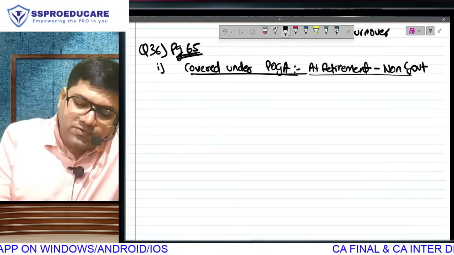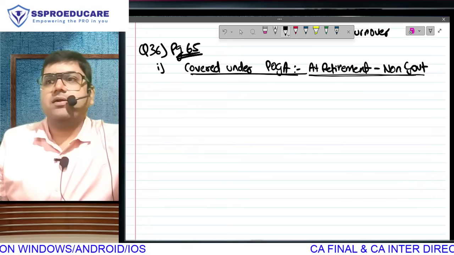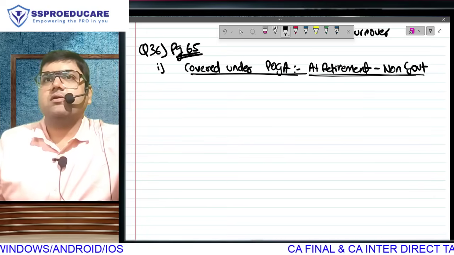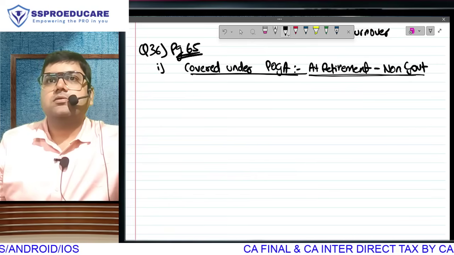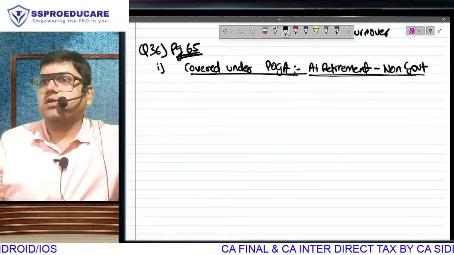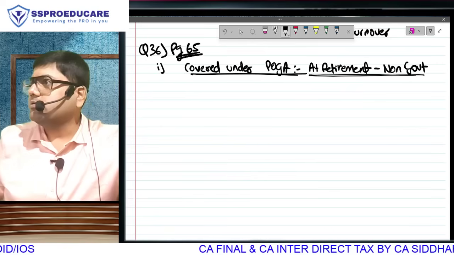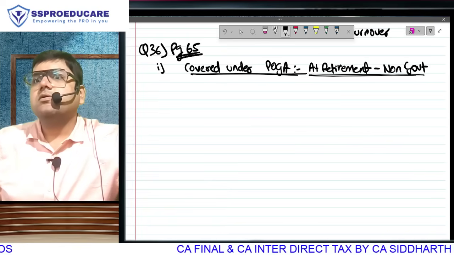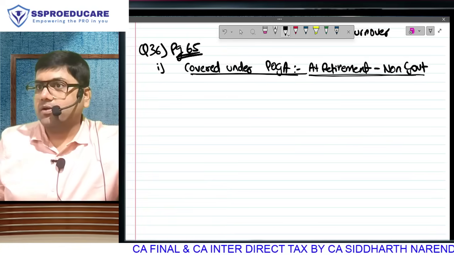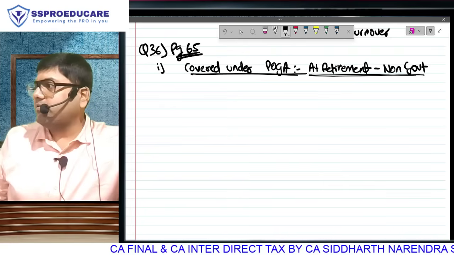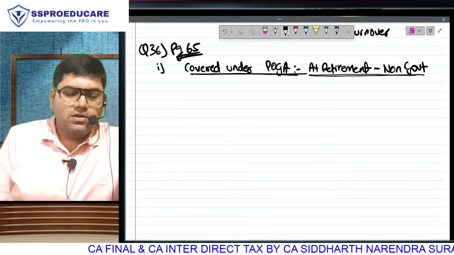This is a case of at retirement non-government. Correct? Because if this was during service, there is no calculation. What's the answer? Fully taxable. If this was at retirement but government employee, fully exempt. The reason why we are doing calculation is because it is at retirement non-government.